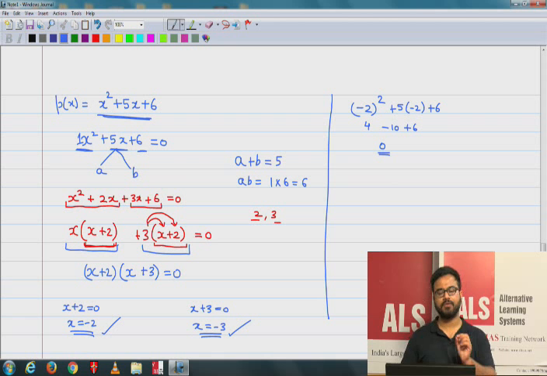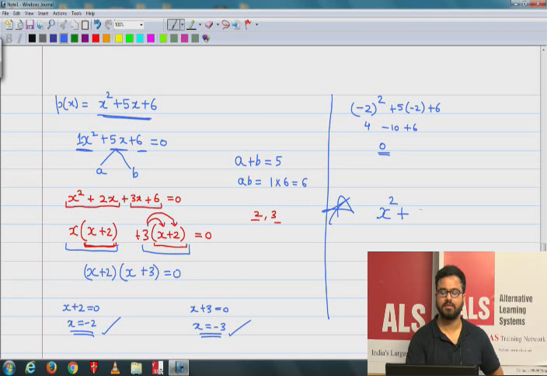Okay. Now I am giving you one more question of the same type. Now you have to do that question on your own. Do this one: x square plus 7x plus 12 equal to 0.